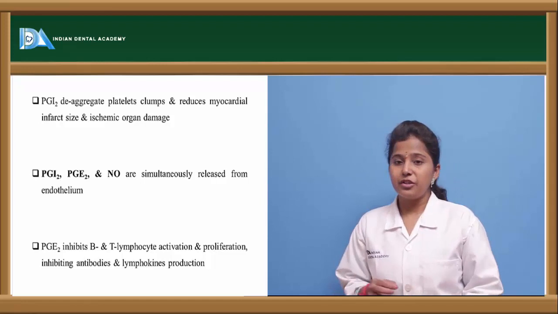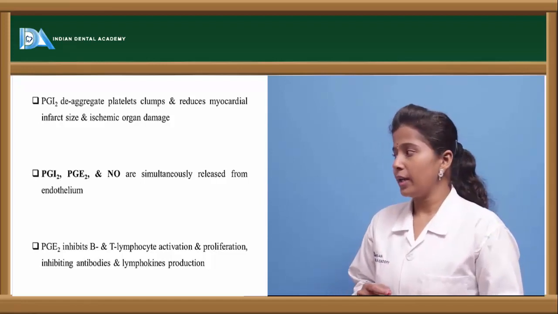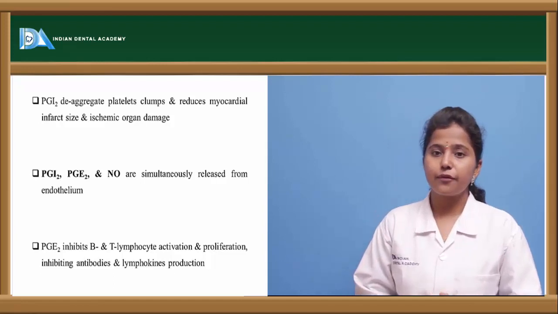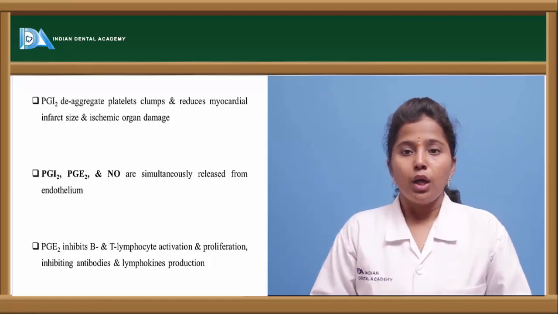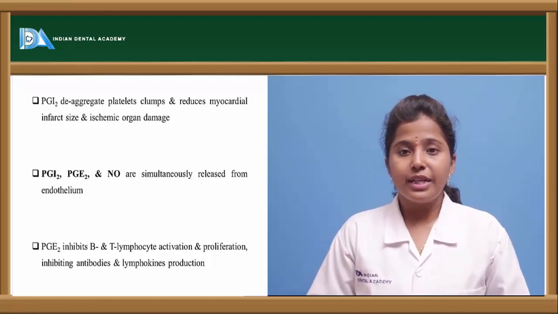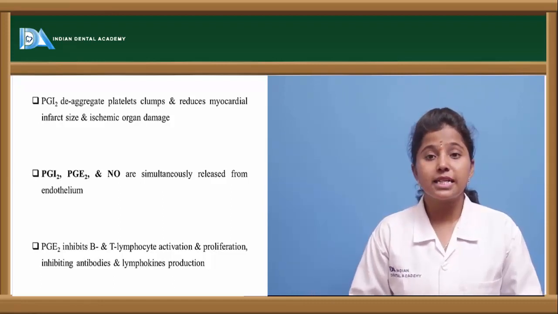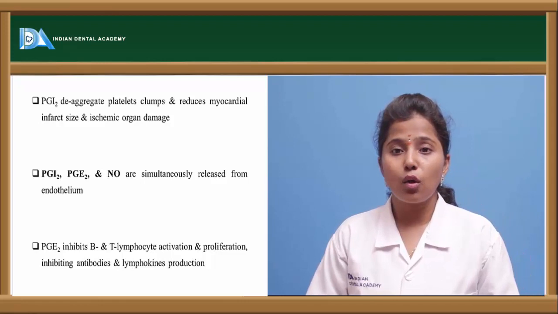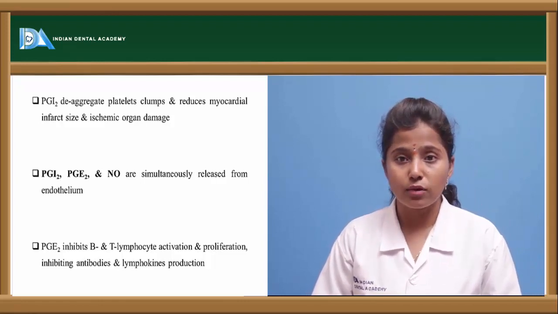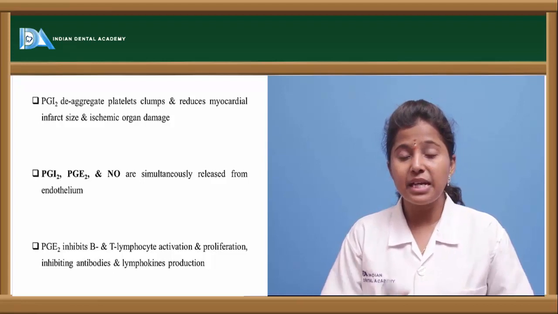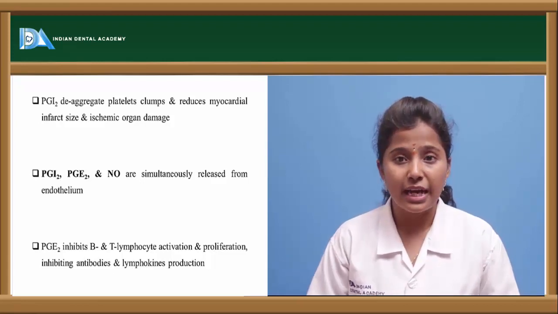And PGI2, E2 and NO, that is nitric oxide, are simultaneously released from the endothelium. So if PGI2 and E2 are released in the body, then simultaneously NO is released. As I told you, in this COX pathway, the cyclooxygenase pathway, cyclic GMP or cyclic AMP is converted to GMP or AMP.